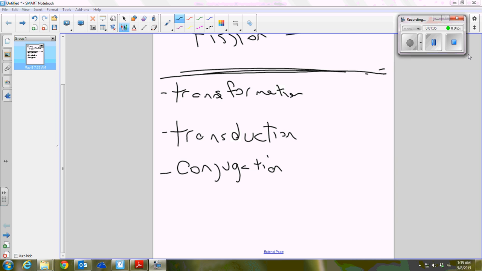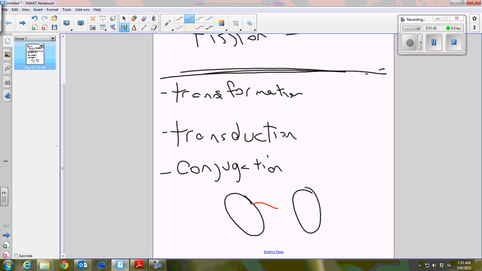This is where they exchange plasmids, where you'll have one bacteria that has the F factor and another bacteria that does not, and the one that has an F factor releases what's called a sex pilus, and this sex pilus will transfer or make copies of these plasmids, and the plasmid is then transferred across to the new bacteria, and so they're therefore swapping DNA.